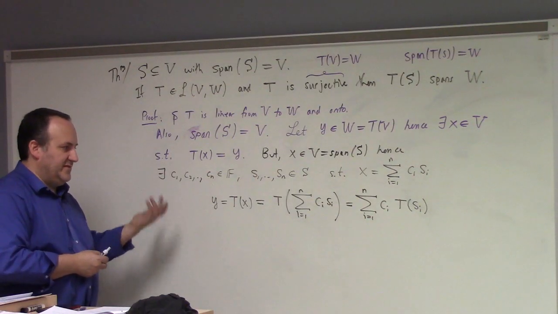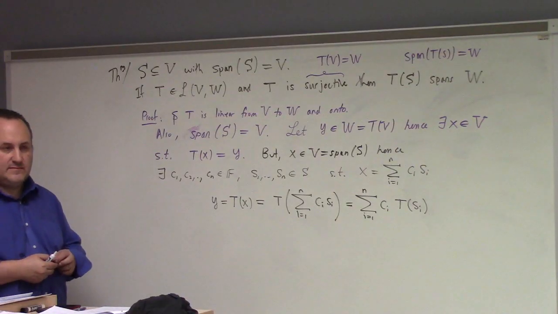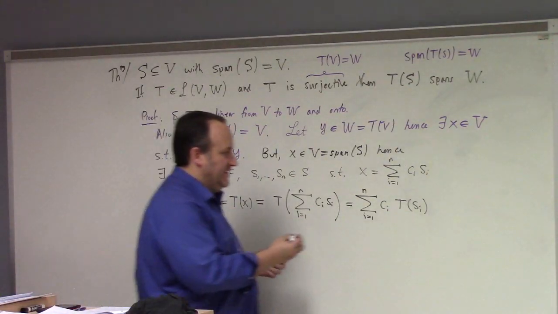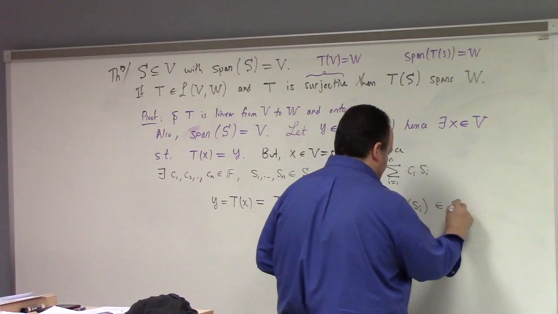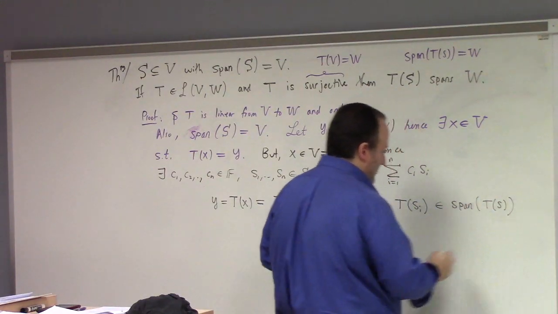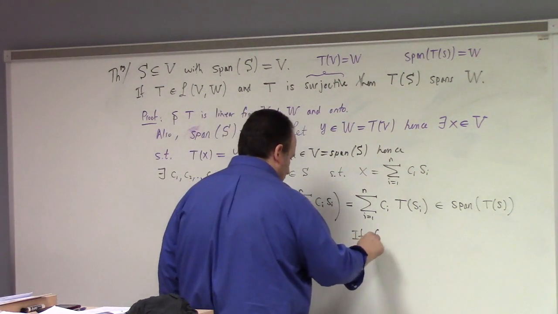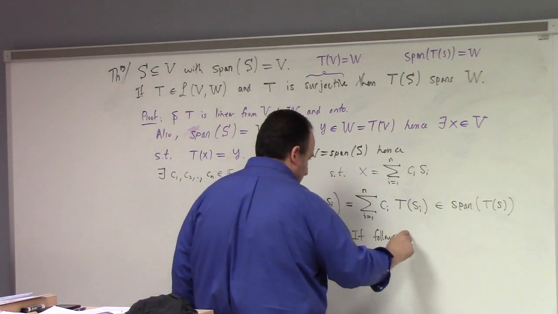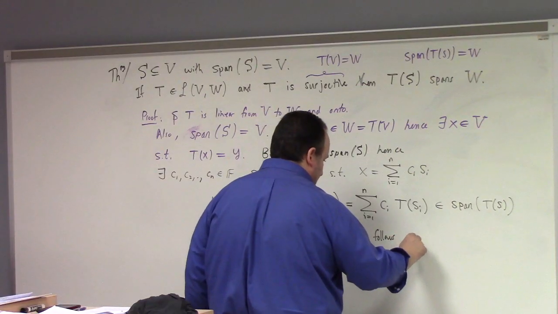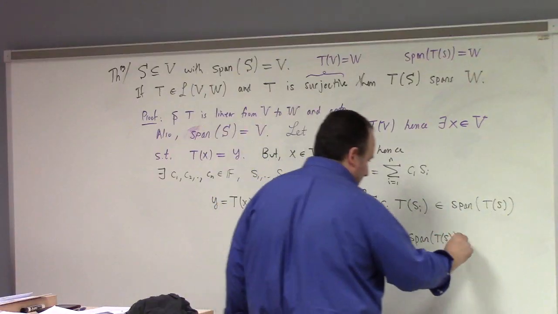What is this thing I've just written? That's a linear combination of the image of S. This is an element of span of T of S. So it follows that the span of T of S is equal to W.